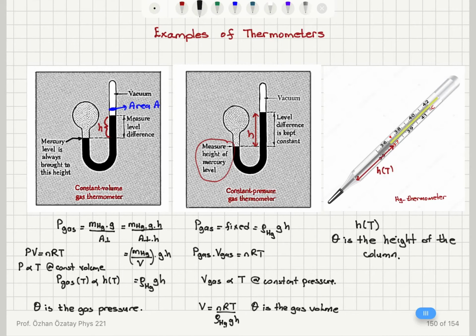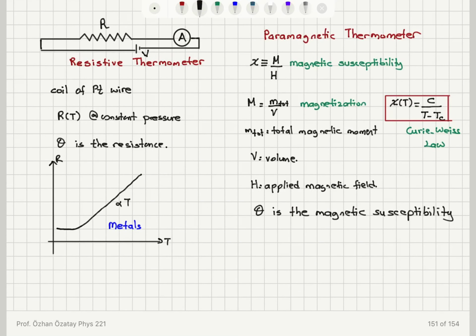occupying some volume. And further examples, we have the resistive thermometer. Metals have a very nice temperature dependence for their resistance. For ordinary temperatures, it usually varies linearly with temperature. So we can use, for example, a coil of platinum wire.